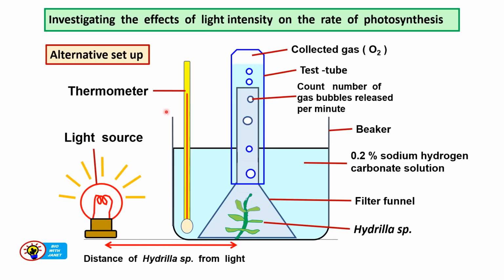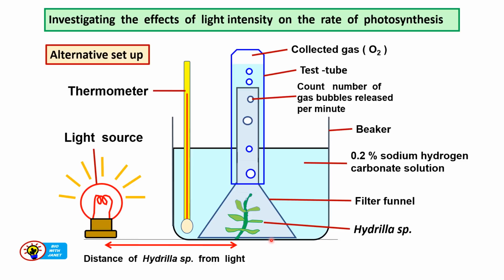So here's an alternative apparatus setup for this experiment to investigate the effects of light intensity on the rate of photosynthesis. Now, in this alternative setup, the light source is still there, and then here we have an inverted funnel and an inverted test tube. So the plant is placed inside the funnel, and this whole apparatus is placed in 0.2% sodium hydrogen carbonate solution.